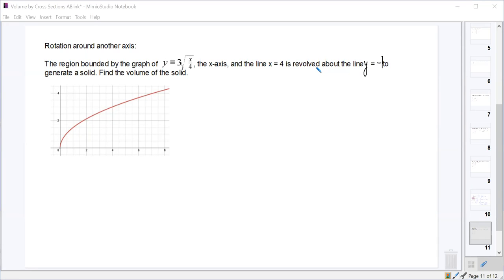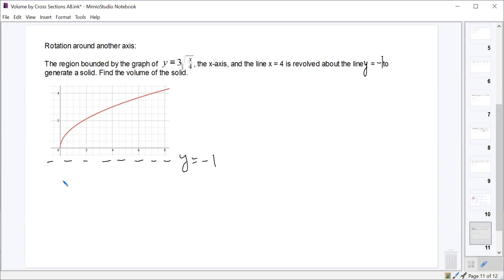So what makes this different? It's not revolved around the x-axis. We're going around the line y equals -1 instead, which actually makes this problem fairly similar to the one we were just working through.